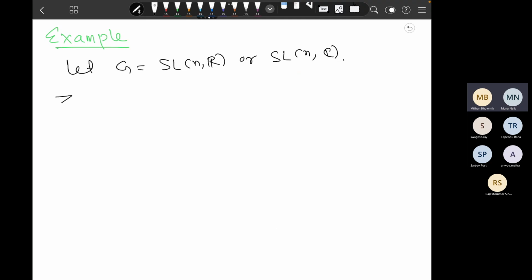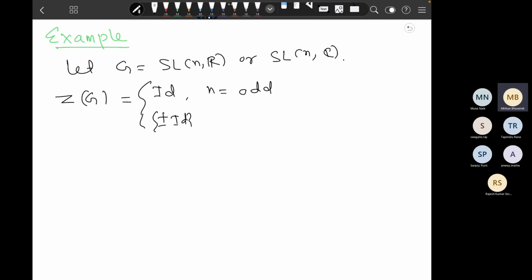Then ZG is the identity if n is odd, and plus or minus identity if n is even.